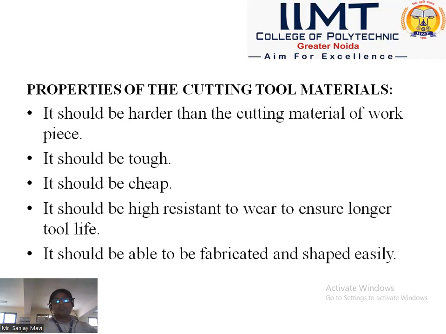Obviously the cutting tool material should be harder than the workpiece on which the cutting will take place by this cutting tool. Means the cutting tool material must be harder than the workpiece material.